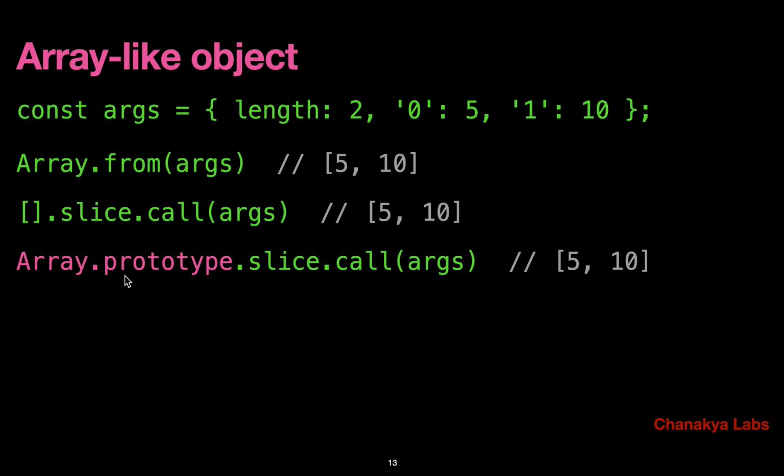If we use that dot prototype, then after that you can access all the methods directly from there. In this case you are saying Array.prototype.slice, which means I am accessing that slice function, but now you cannot directly call it.